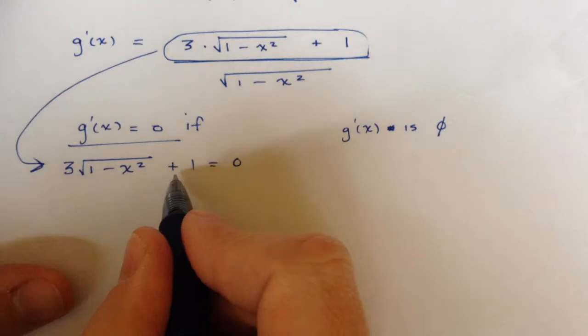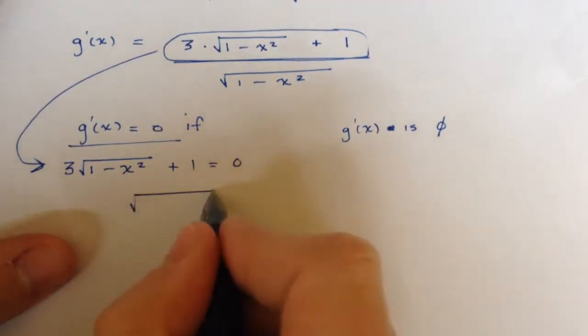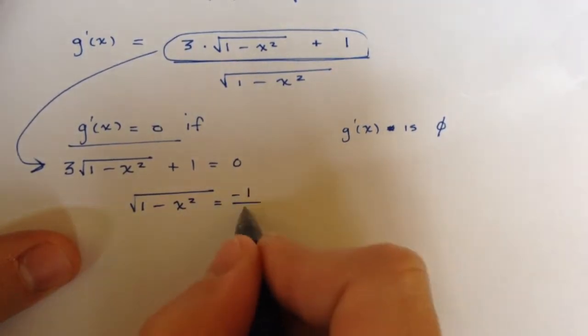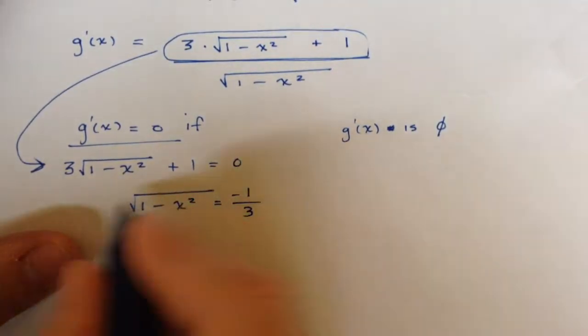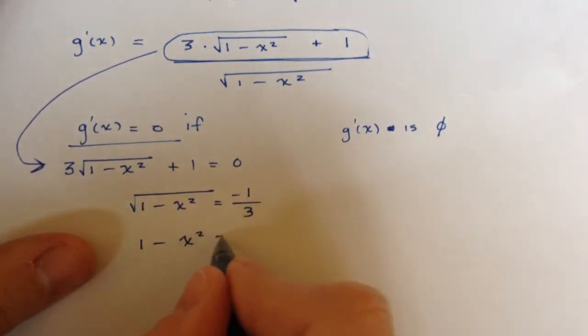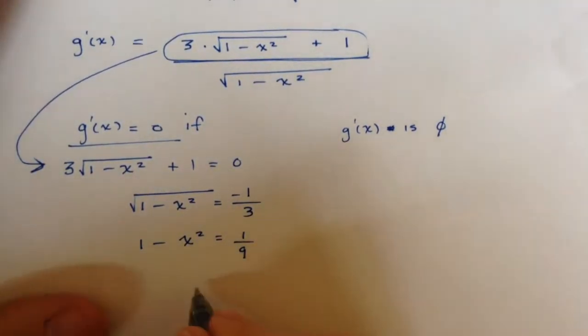Okay. So I'm going to subtract 1 from both sides and then divide by 3. We get square root of 1 minus x squared is equal to -1 over 3. We square both sides. When we do that, we get 1 minus x squared is equal to 1 over 9. We're going to rearrange the equation so that x squared is alone.